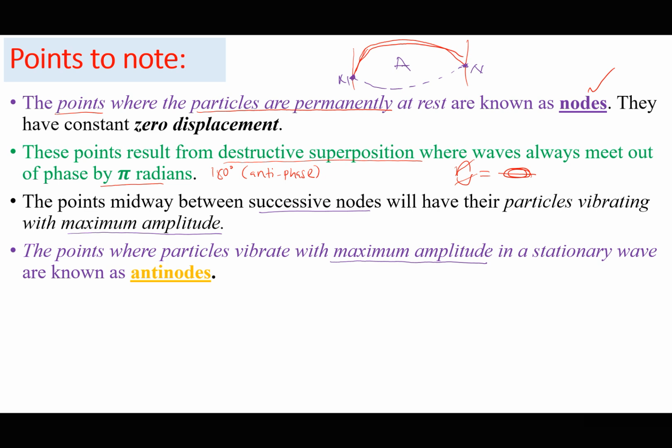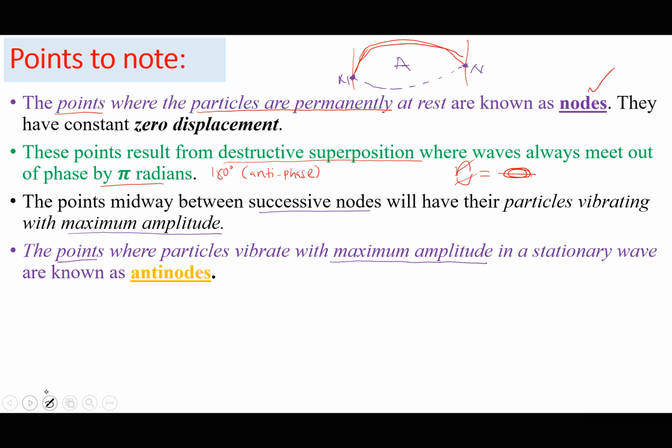Those with the highest maximum displacement are at the points we term antinodes. So points where particles vibrate with the maximum amplitude in a stationary wave are the ones we are going to call the antinodes.